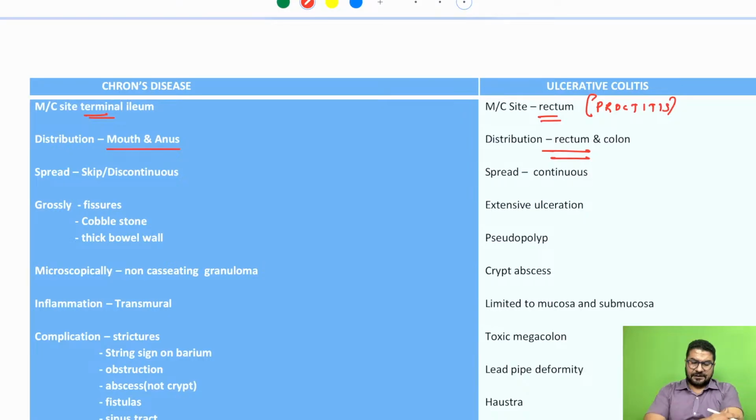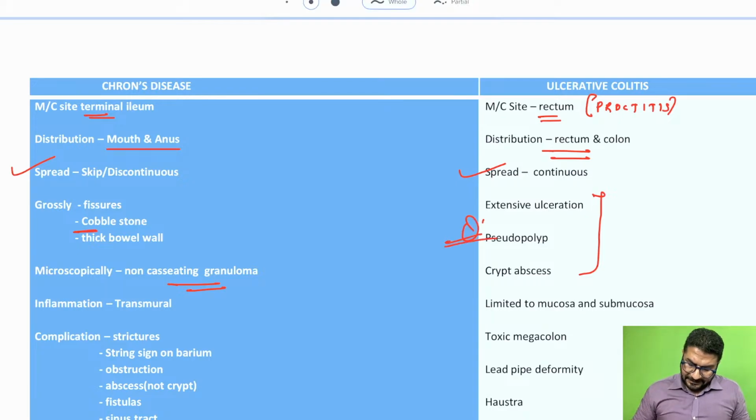In Crohn's disease you will see skip lesions. Here you will see continuous lesions. You can see fissures, cobblestone appearance, non-caseating granuloma. Here you can see extensive ulceration, pseudopolyps, crypt abscess. Inflammation is transmural in Crohn's; here it is limited to mucosa and submucosa.